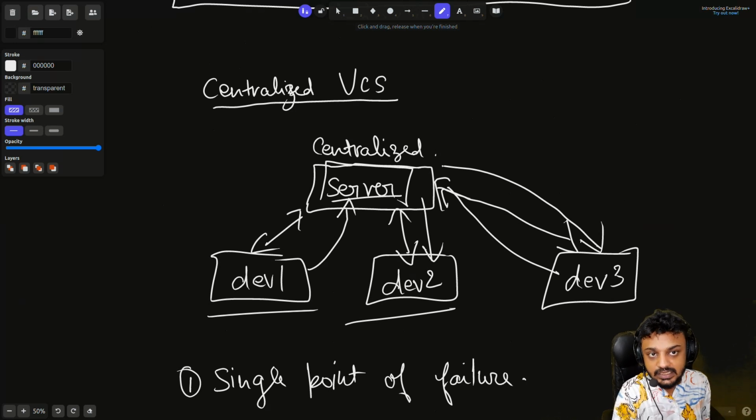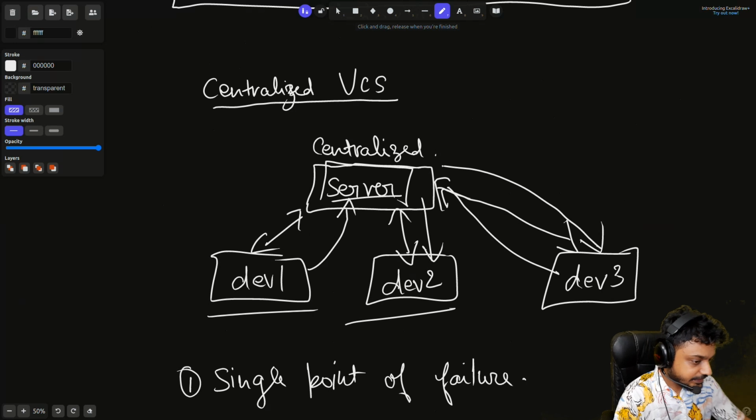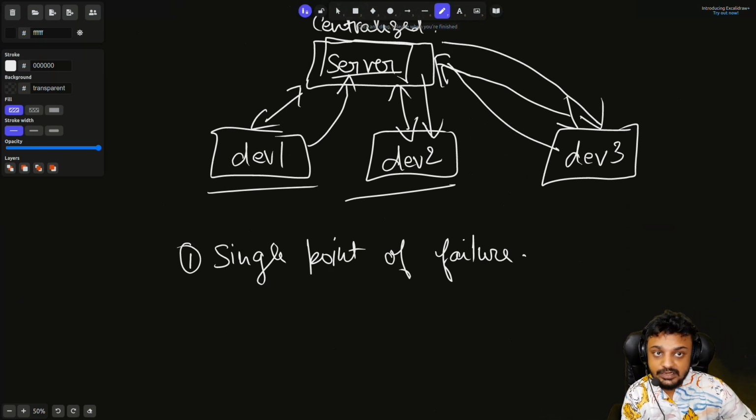My system is the server for 3 other devs working in the same network as me, and my system is down, so they're not able to do anything about it. They cannot access the latest versions of the files on the server, and they're not able to upload their versions. If a developer worked on some feature, maybe built an app bar, and wants to push it to the server, they won't be able to do that because the server is down. So that is the first downside of this system.